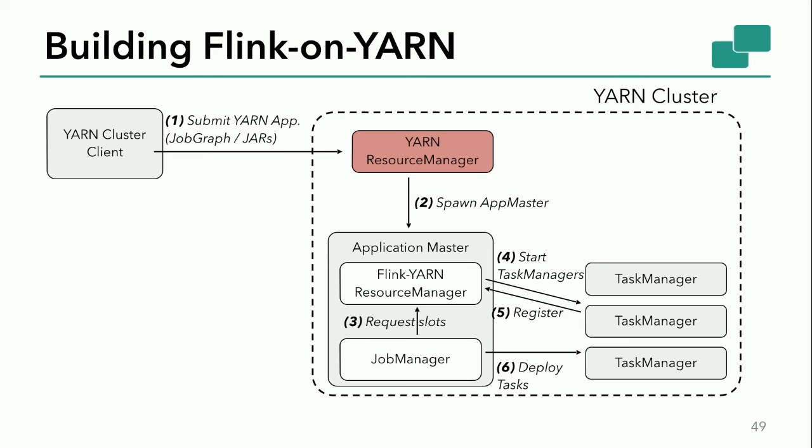So how do we get back to what we... This is the replacement for the diagram I had earlier, and this is working much better now. What your YARN client submits is an entire Flink application. It's the job graph as before, plus all the jars that go with it, plus any credentials needed to run the job.